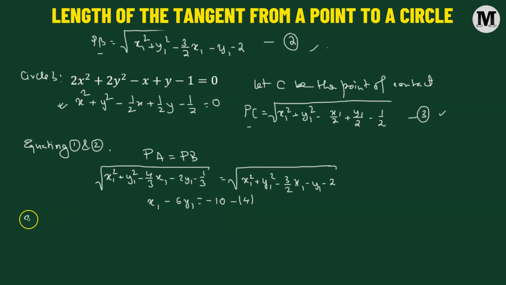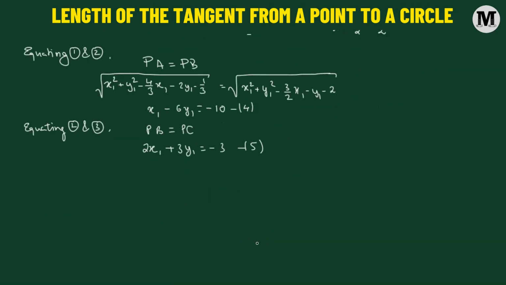Next, we're going to equate equation number 2 and equation number 3, so that means we're going to equate PB equals PC. So we get 2x1 plus 3y1 equals negative 3. So let that be equation number 5.